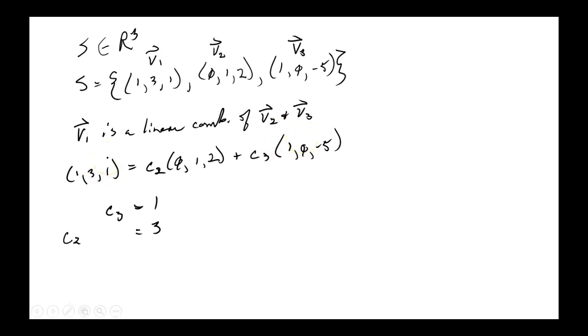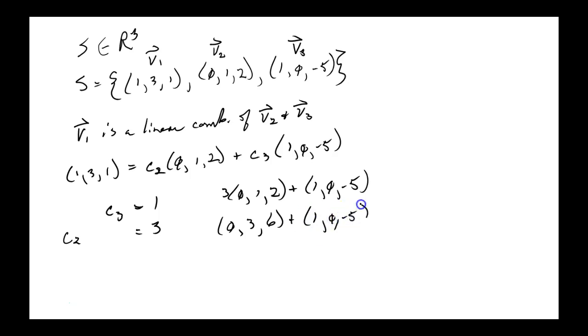That has to equal 3. Hey, guess what? We just found them. C2 equals 3 and C3 equals 1. Let's see if that works. 3 times (0, 1, 2) plus (1, 0, negative 5). This will be (0, 3, 6) plus (1, 0, negative 5). That would be (1, 3, 1). Yeah, it did.